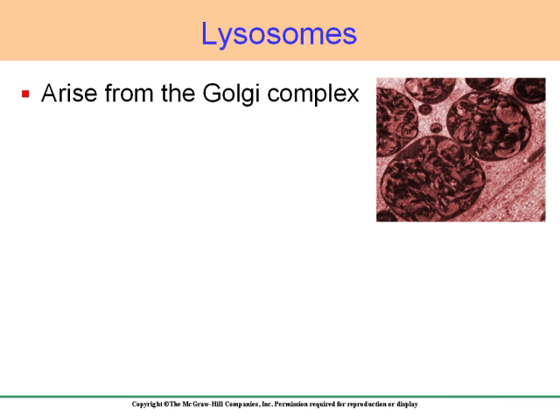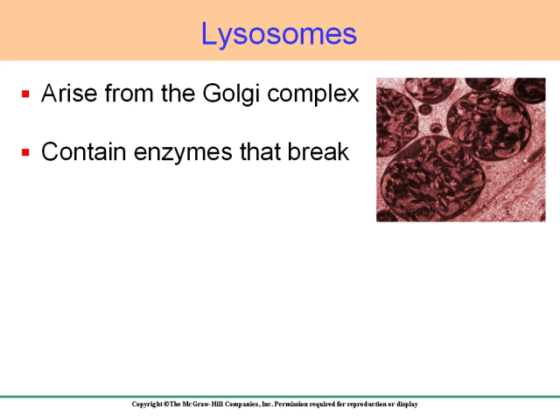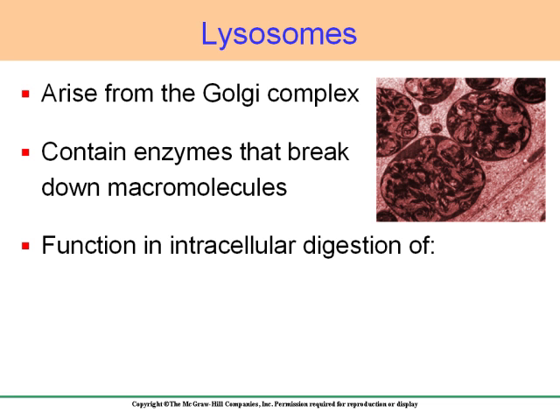Next we have lysosomes, and lysosomes are again part of this endomembrane complex. And these lysosomes ultimately are going to arise from the Golgi complex. If you look at the micrograph to the right, you're going to see examples of lysosomes. Lysosomes are important. They actually contain enzymes that break down macromolecules.